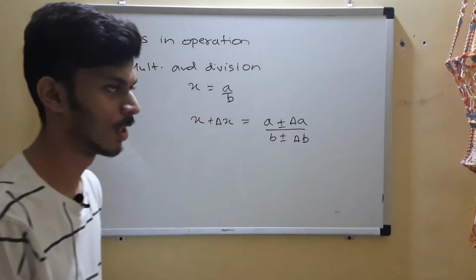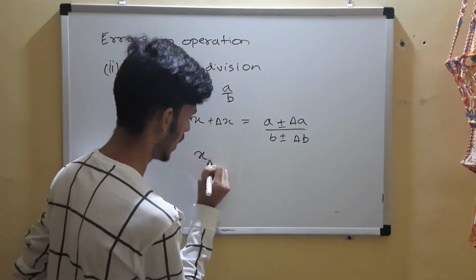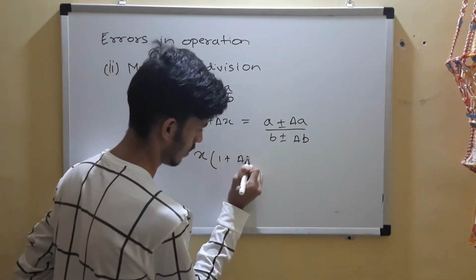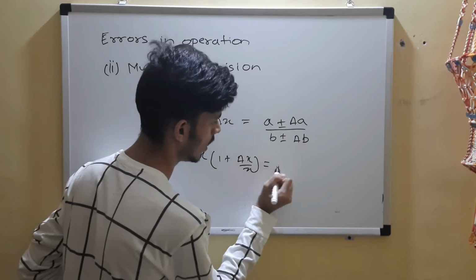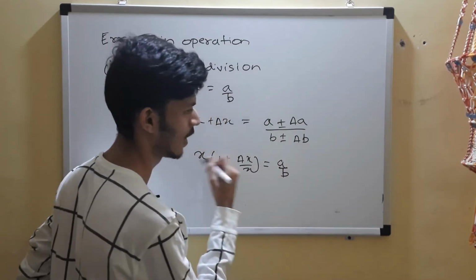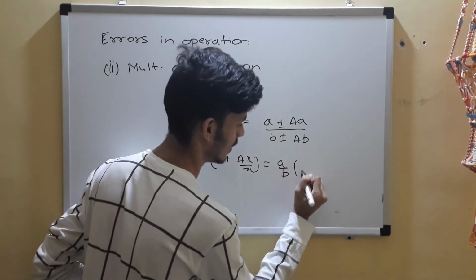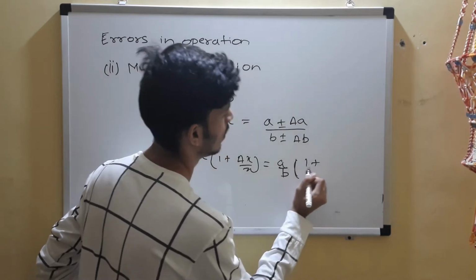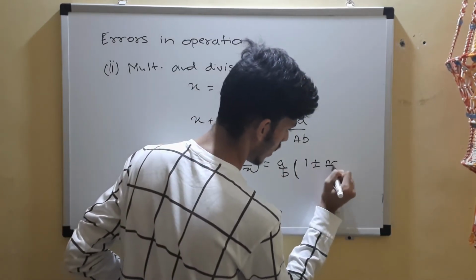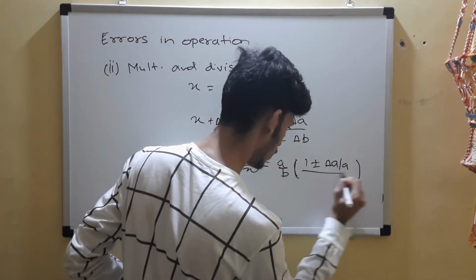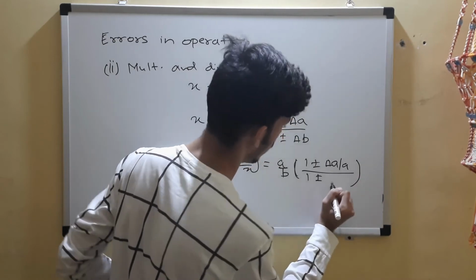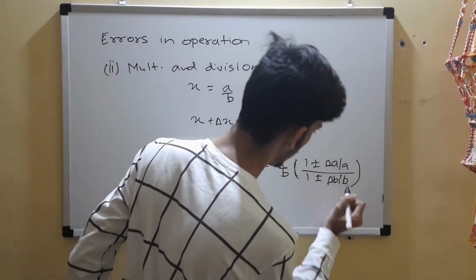And now what can we take common? Here obviously x, and here you take a by b since we want to cancel. That's the reason. Plus minus delta a by a, and at the bottom we have delta b by b.